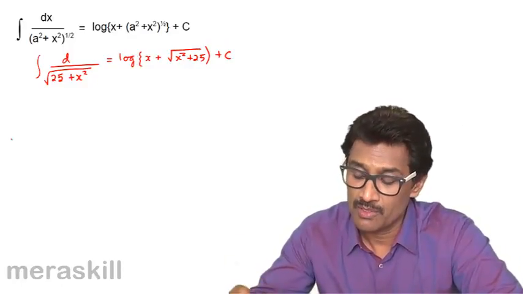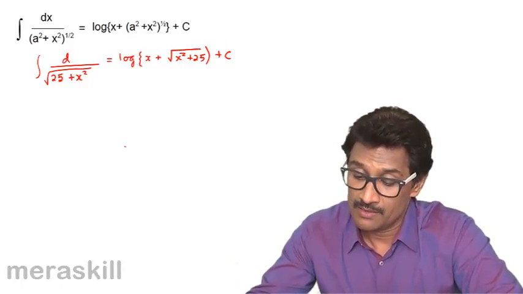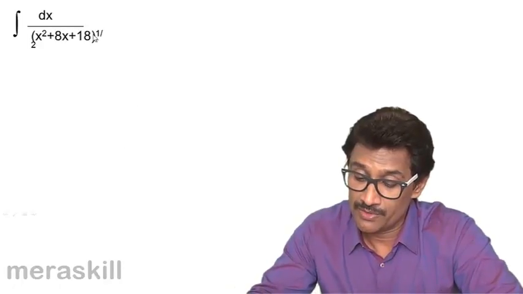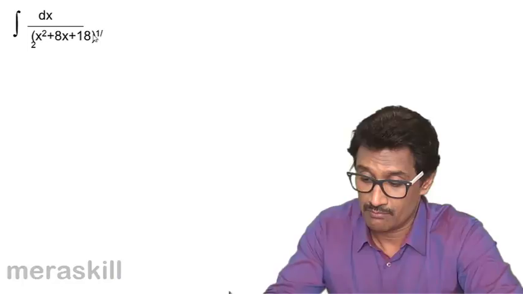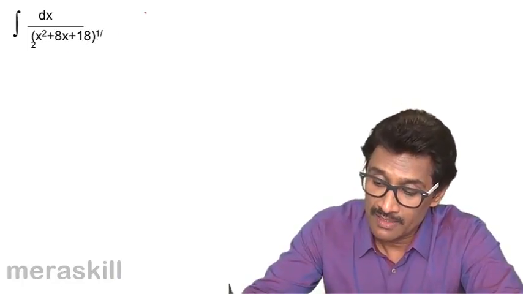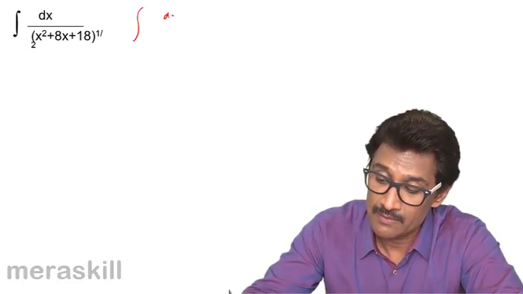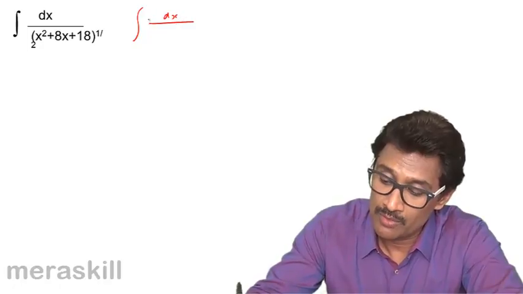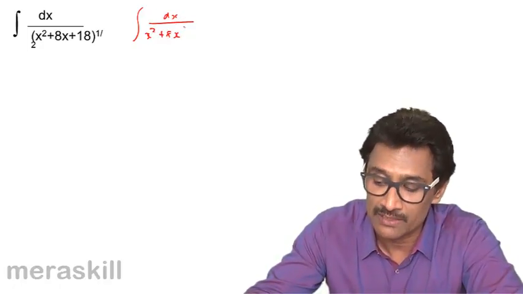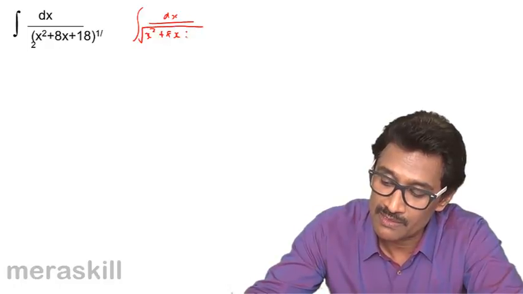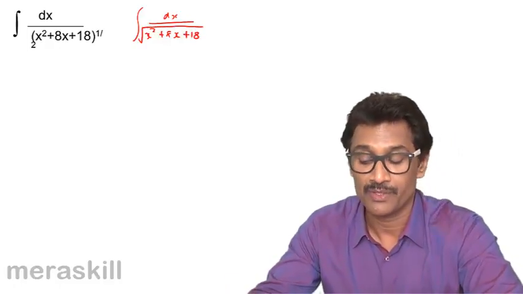Hence simple questions based on that. So for example, here you have dx upon (x square plus 8x plus 18) raised to half. So it's going to be plus root of this 14. Okay.